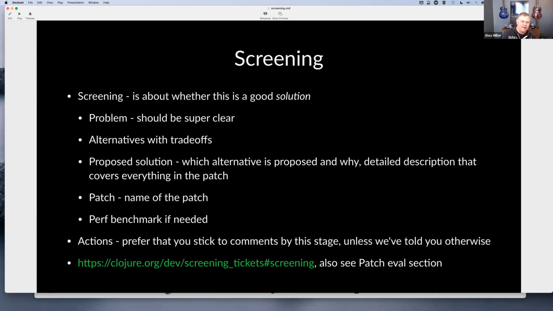Once I get to that point, I should already understand what problem we're trying to fix, what solution we propose, and how we're fixing it. And the patches should be obvious at that point in most ways. It is really helpful to list the name of the patch that is under consideration, even if there's only one patch attached to the ticket.